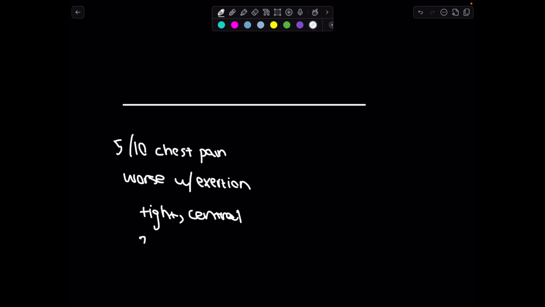What's next? So it's been on and off for the last 3 weeks. Yep. Her tight, central chest pain, 5 out of 10, has been on and off for 3 weeks, triggered by exertion, eased by rest, with breathlessness on stairs and occasional palpitations. What's your next question or initial guess for her condition?